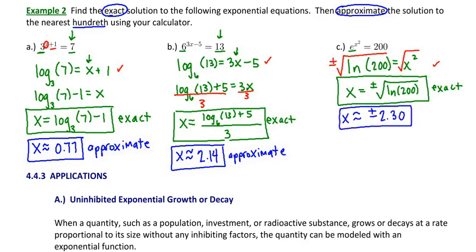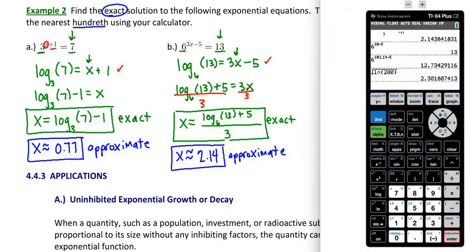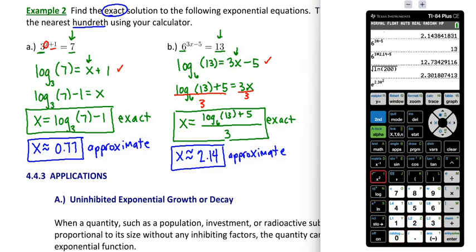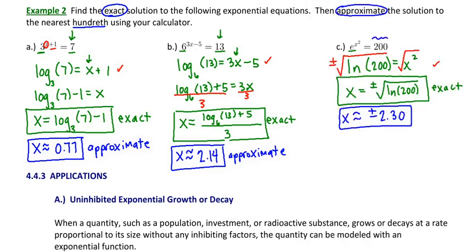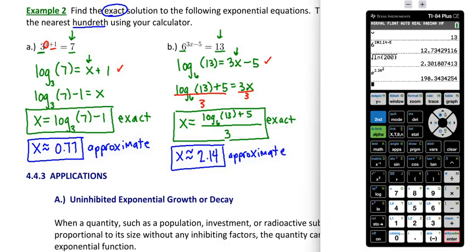And I'm just going to quickly check this with the approximate value. So let's evaluate e raised to the 2.30 squared. And notice we have 198. That's approximately 200.